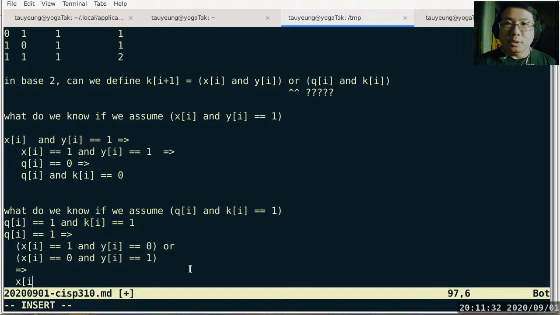So now the question is, what about the conjunction of xi and yi? I asked the wrong question. I asked what do we know about Ki? We already answered that, right? So what we want to know is what about the conjunction between xi and yi? It has to be false. Very good. Andy, Quan, you guys are both correct. Xi and yi is going to be false.